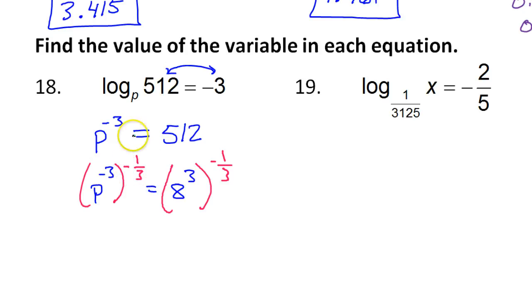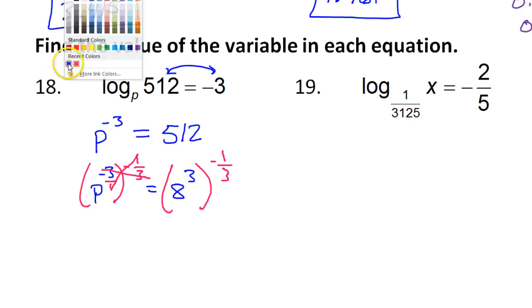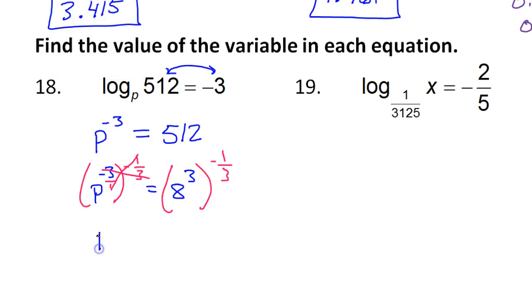But these are going to cancel each other out because I did the reciprocal. So they will always cancel out. Because this is like having 3/1. So these 3's cancel and the 1's cancel, and a negative times a negative is a positive. So if you do the reciprocal power, that's just going to leave p.